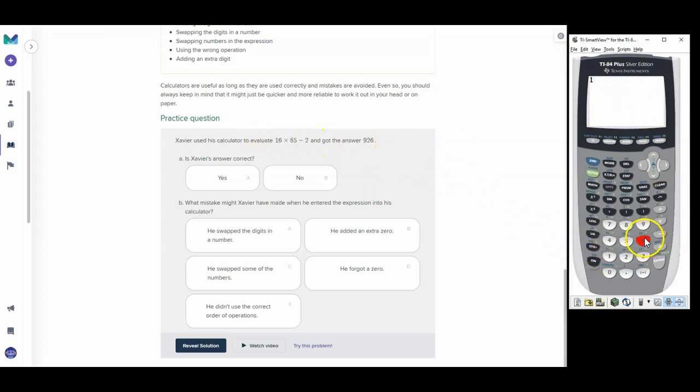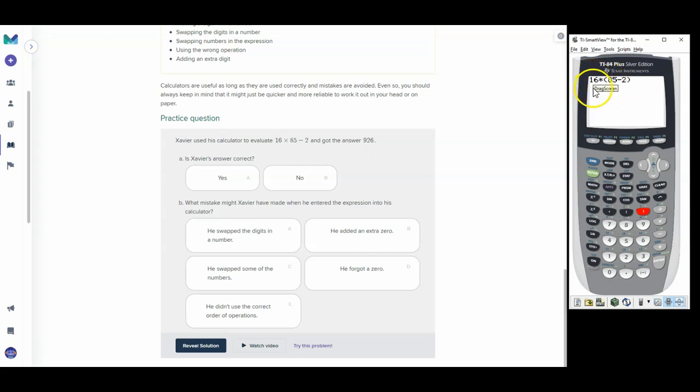So 16 times 85 minus 2 will still come out correctly because the calculator knows the correct order. But if I want to do this 85 minus 2 first, I would of course have to use the parentheses. So let's say I wanted to do 16 times 85 minus 2, I would definitely have to put the brackets in, or the parentheses, to make sure the calculator did the 85 minus 2 first before multiplying that answer by 16.